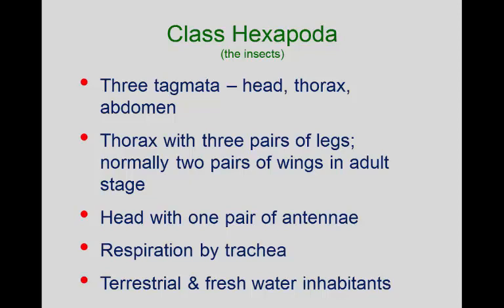Now what we're going to find is that there are major chemoreceptors in an insect's head, mainly concentrated about the mouth parts and on the antennae. But when we get to chemoreception in that section of this course, we're going to find out that there can be chemical receptors anywhere on the body of an insect.